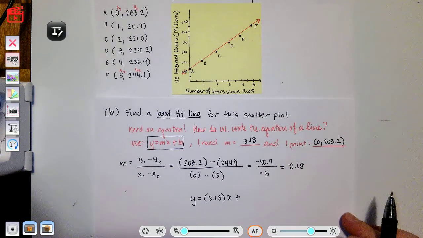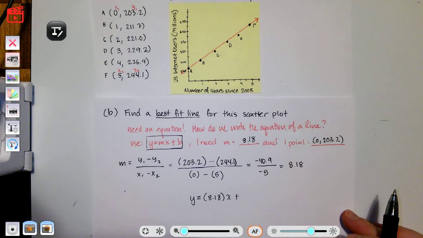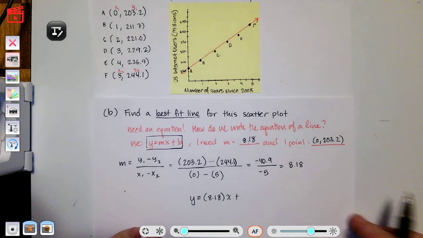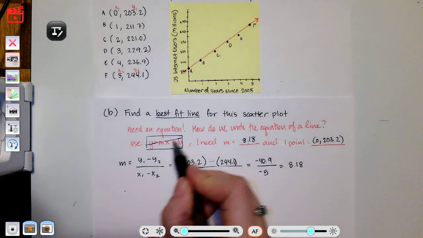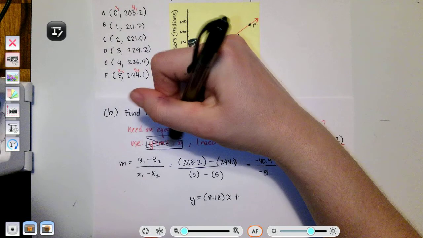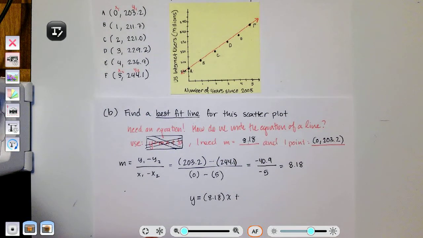Oh, I just realized I did a teeny bit of something wrong here. Well, scratch this one out of your memory, dear students. We're not using that equation.